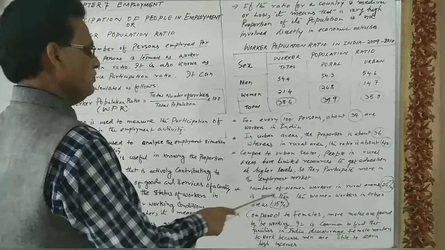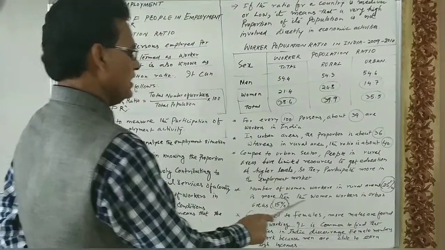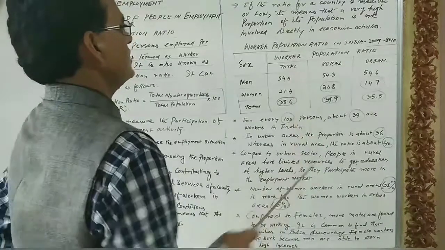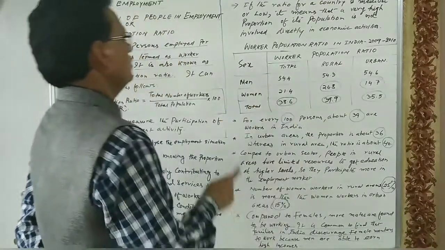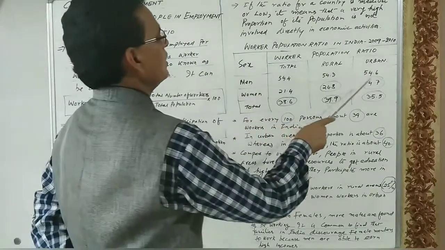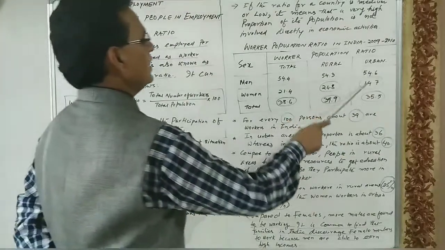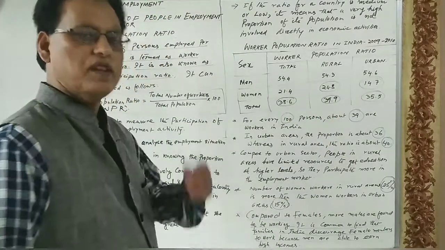Here, the share of women workers in rural areas is 25%, which is more than the women workers in urban areas, 15%. If we take the worker population ratio of women in both rural and urban areas, you will find in urban areas only 15%. So 14.7 means about 15%.